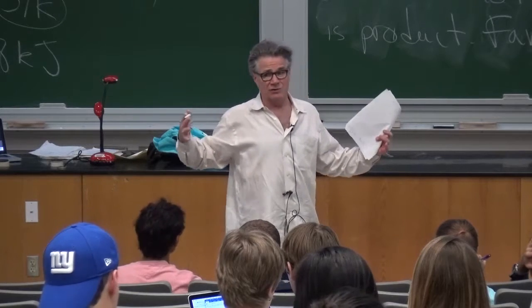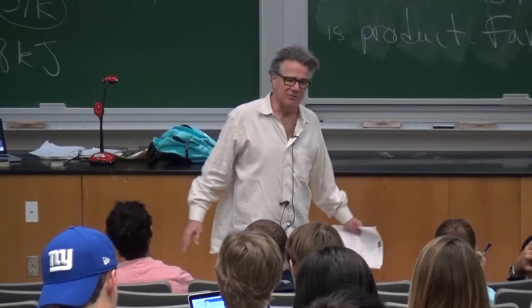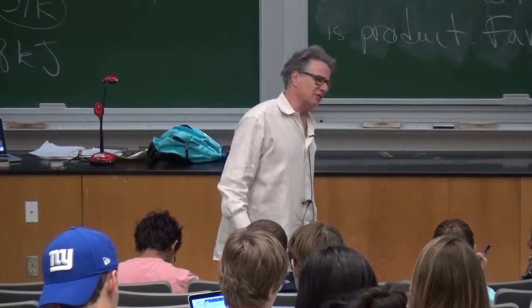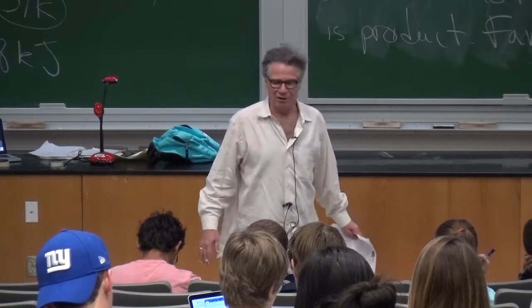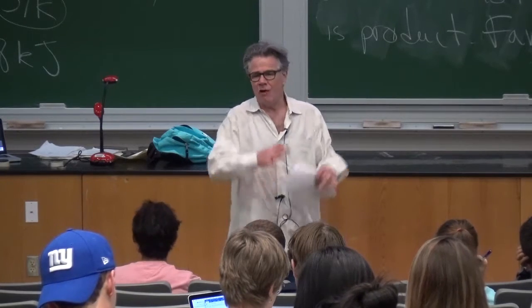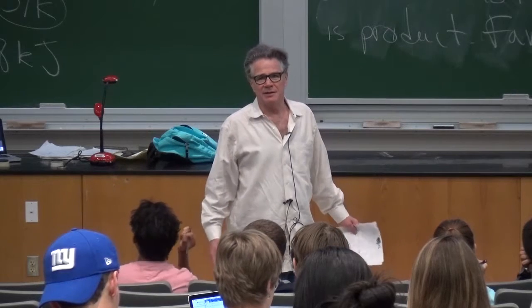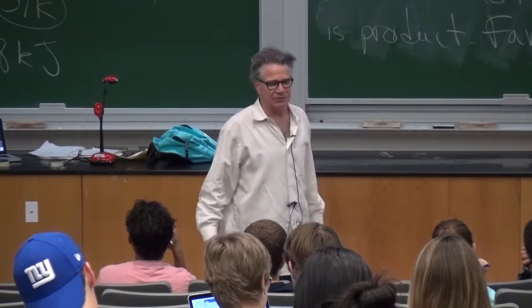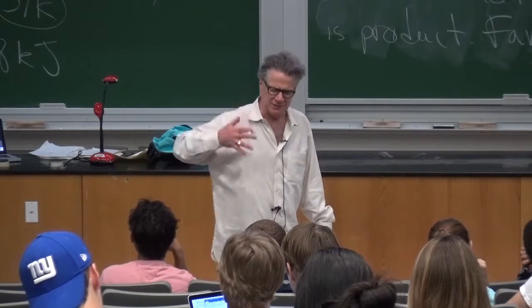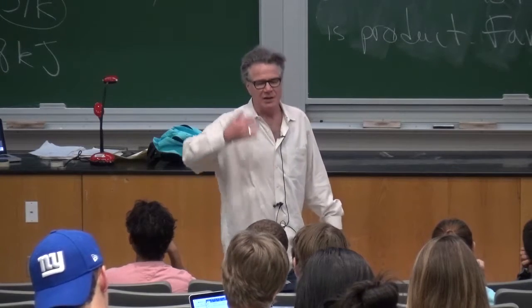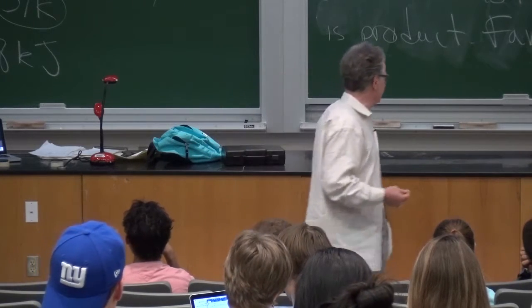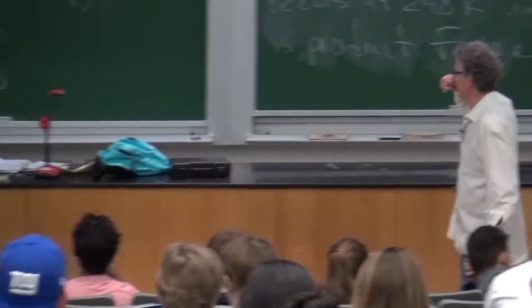If delta S of the universe is positive, it's product favored. If delta S of the universe is negative, it's not product favored. You can write the reaction any way you want, but it's not going to be product favored unless delta S of the universe is positive. Again, second law of thermodynamics: the entropy of the universe must increase for a product favored reaction.